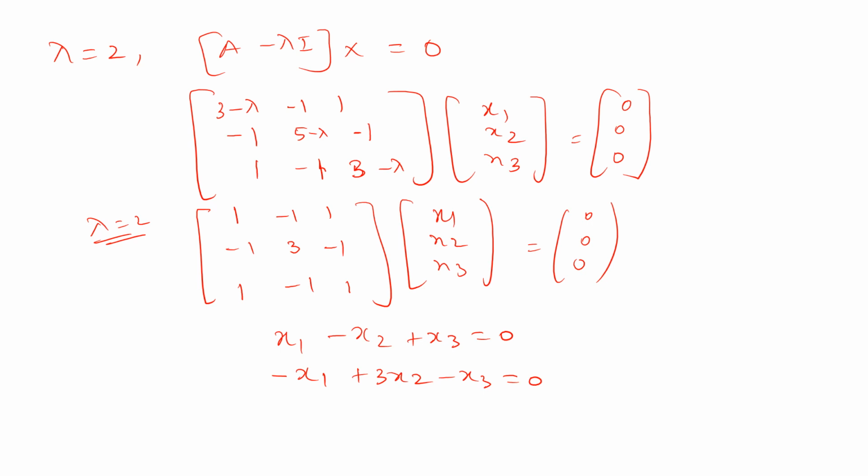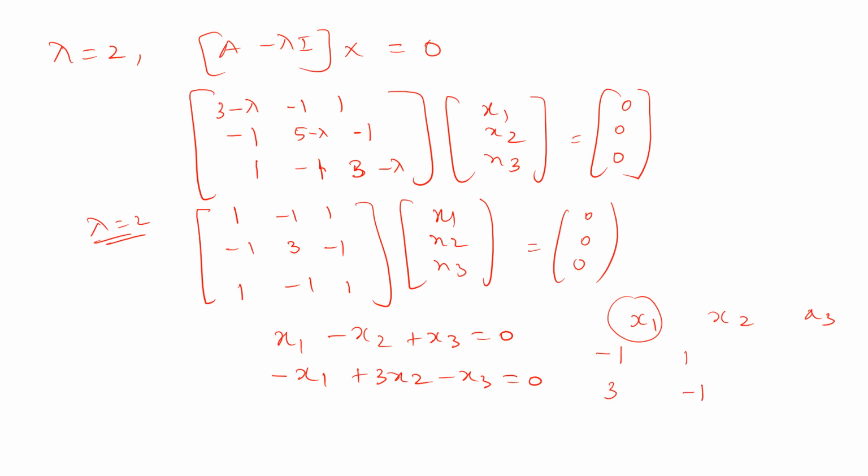For the cross ratio method, just take x1 x2 x3. When you are finding the solution for x1, you should apply the coefficients of x2 and x3. So the x2 coefficients are minus 1, 3 and the x3 coefficients are 1, minus 1.